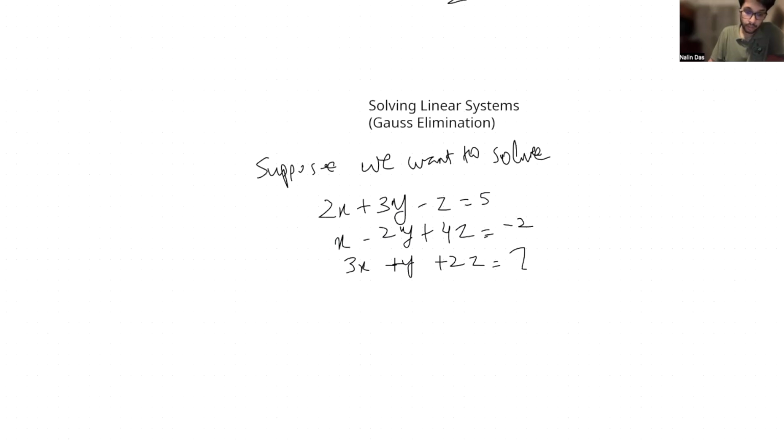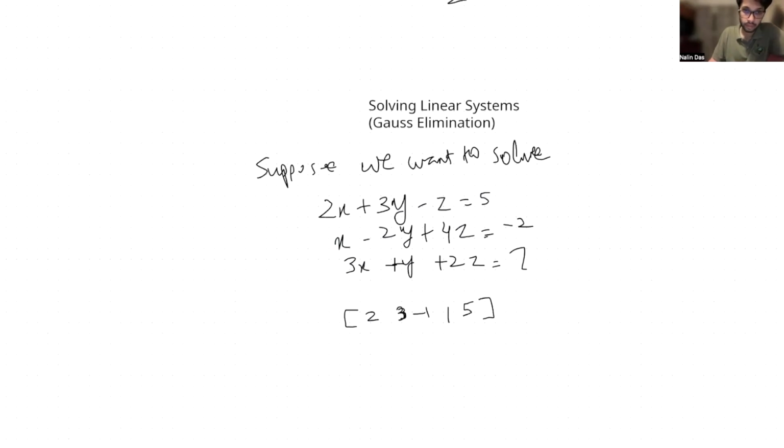So now our augmented matrix would look somewhat like this. It will basically be 2, 3, minus 1, and we have a 5 over here.